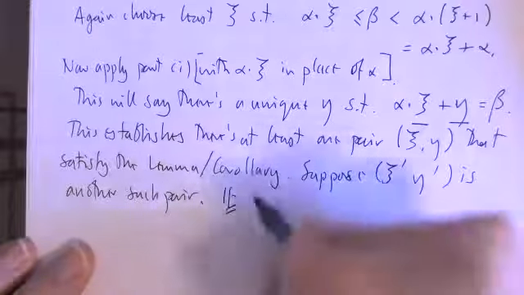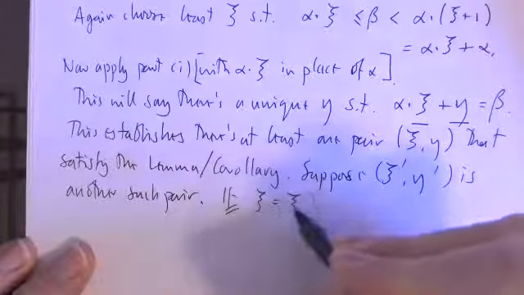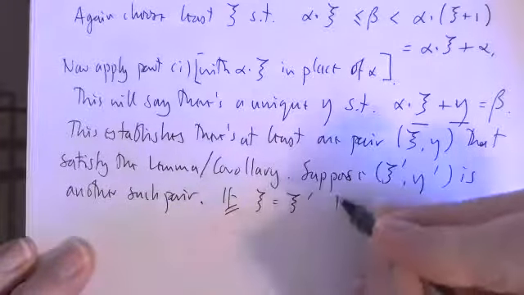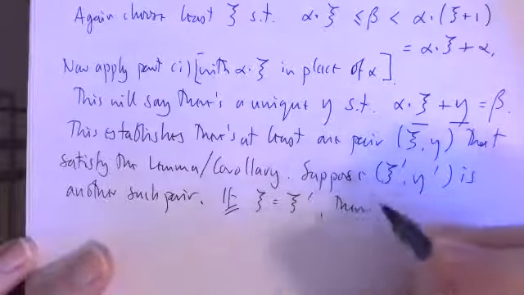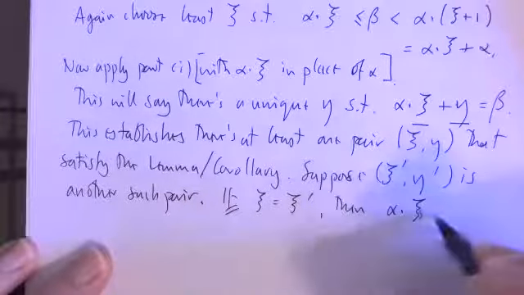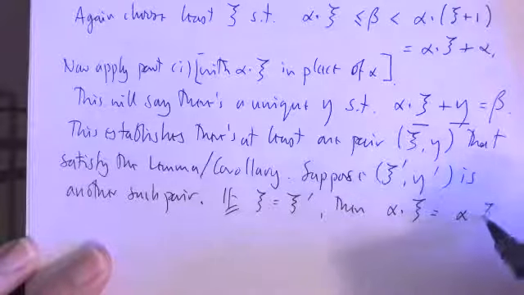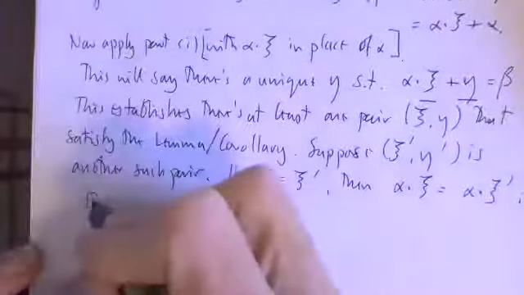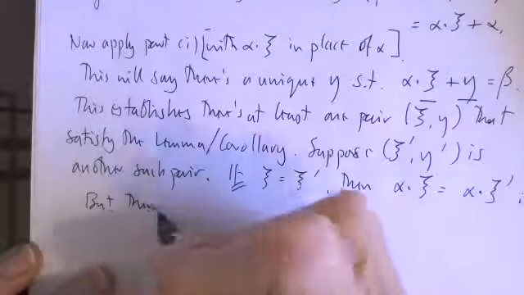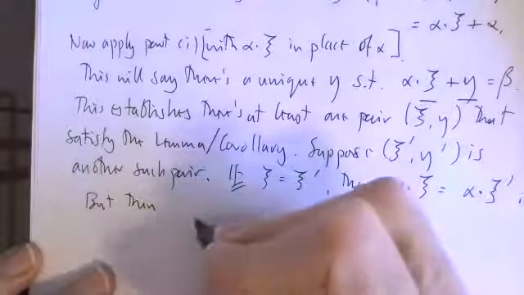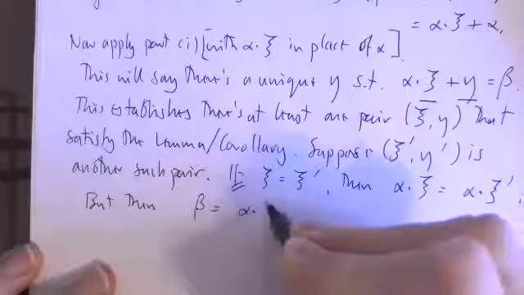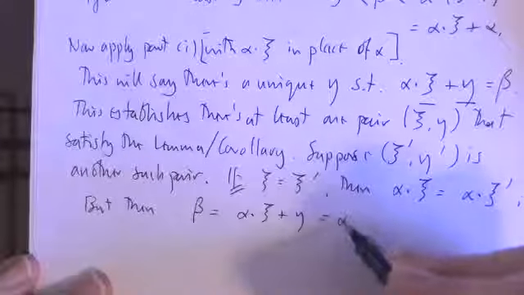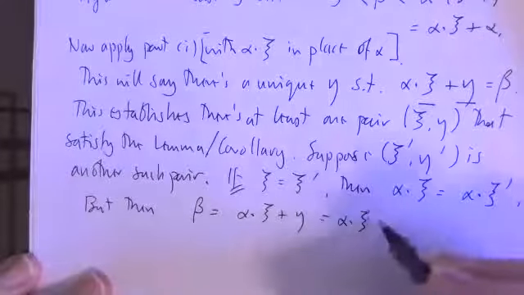So if xi equals xi prime, then alpha times xi is the same as alpha times xi prime, obviously. But then beta, which is supposed to be alpha times xi plus eta, is the same as alpha times xi prime plus eta prime.